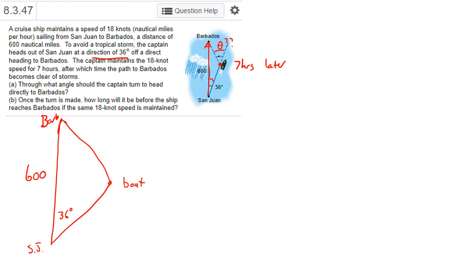But remember, the boat was going 18 nautical miles per hour, and it did it for 7 hours. So this distance is 7 hours times 18 nautical miles per hour. Hours cancel. 7 times 18 is 126. So it has gone 126 nautical miles. So this distance is 126.